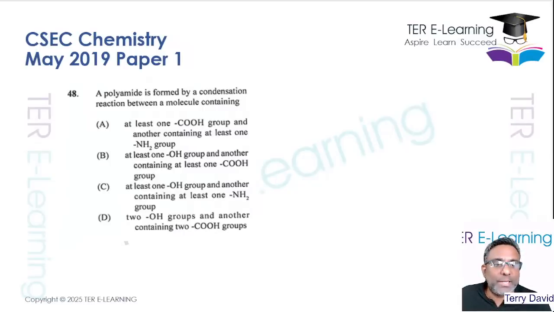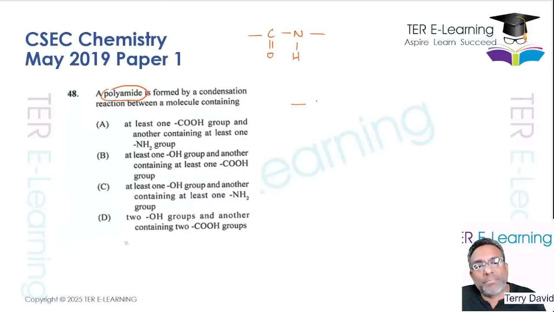Alright, question 48. A lot of people saying the answer is A. Let's check. So you want to form a polyamide. And if you want to form an amide, the linkage that should be present should be this. So that's your amide linkage. And if you want to get a polyamide, you want something that contains not just one.